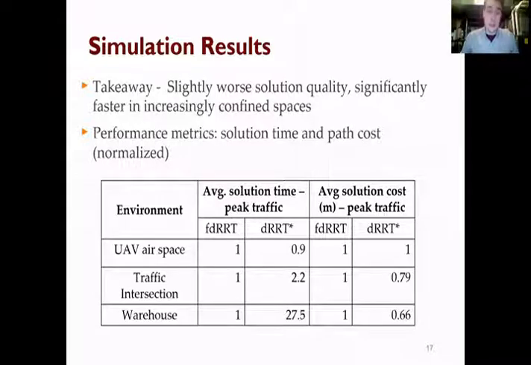Conversely, as the confinedness increases, the solution quality of DRT star is considerably higher. And in this case, when we refer to solution quality, we just mean the average path cost, which we've normalized.